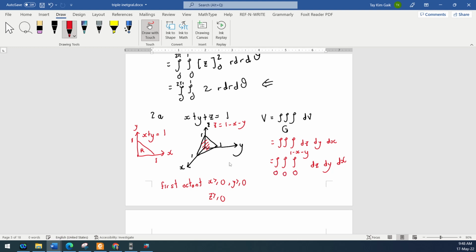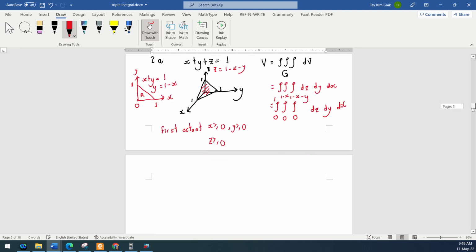Make y the subject, so y is equal to 1 minus x. Lastly, the limit for x must be constant, 0 to 1. So this is what we call an application question. You have to set up your own limits. If you set up the wrong limits, you can get at most 2 marks only, for integrating dz correctly and dy correctly.